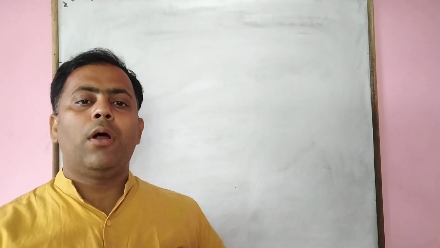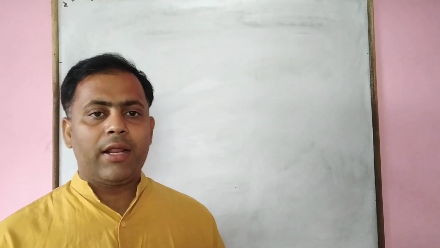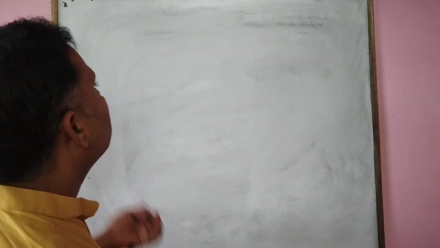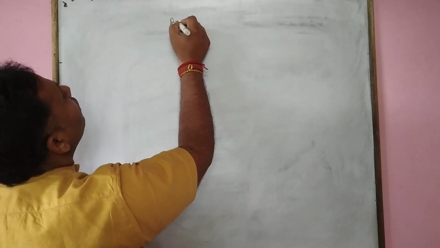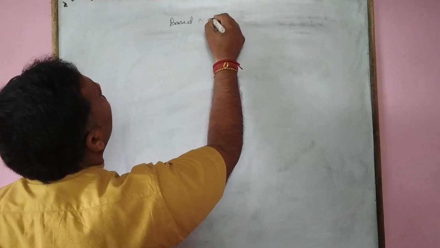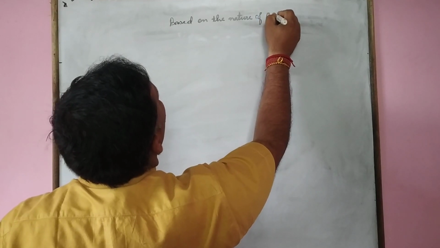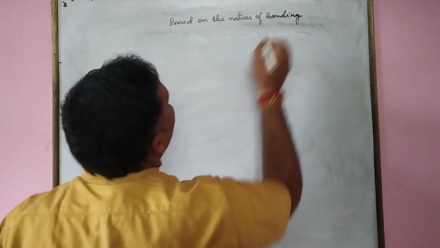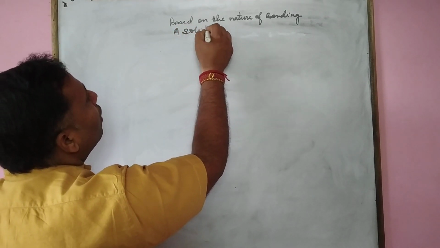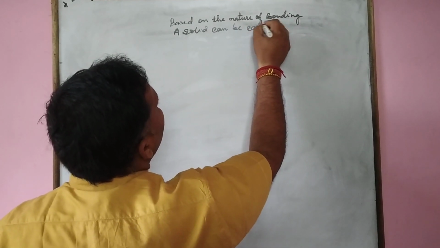Based on the nature of bonding between the constituent particles, a solid can be categorized into 4 types. Based on the nature of bonding, let us discuss.